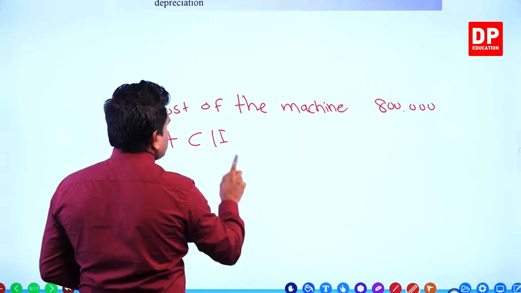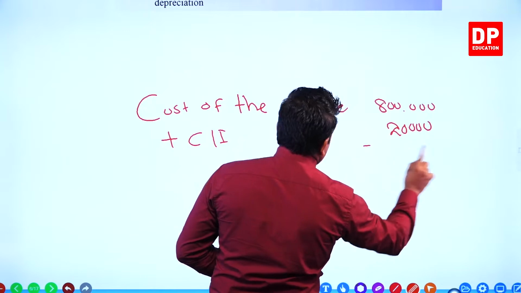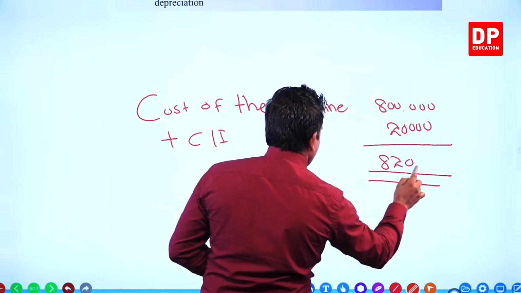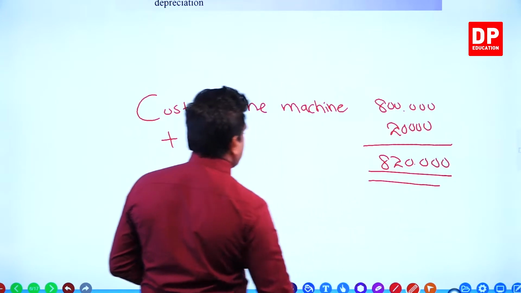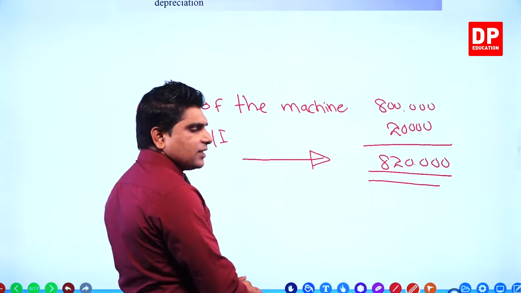How much is the cost of the machine? 820,000. We found the answer for the first question.